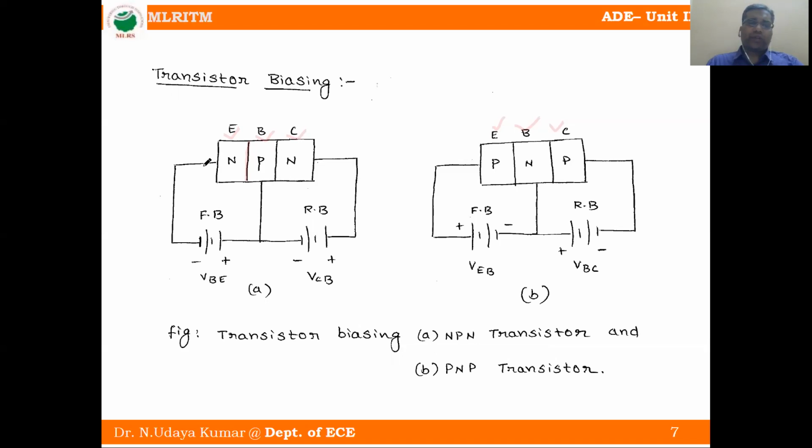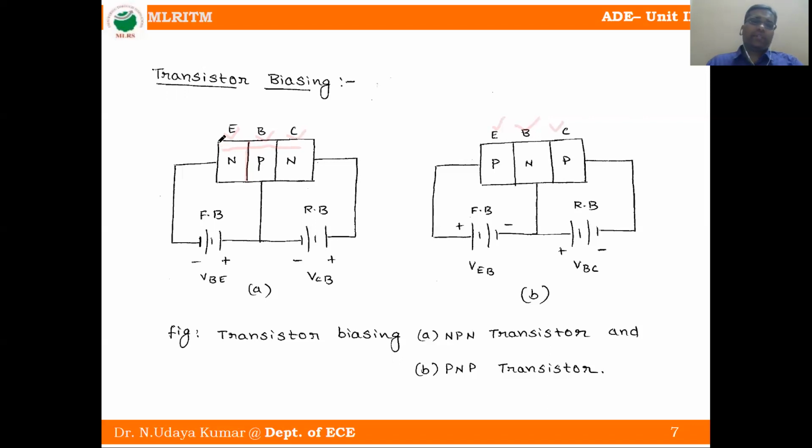So negative repels, so these electrons move towards and cross this first junction. Then in p-type, holes are the majority charge carriers. So some electrons recombine with holes and the remaining electrons move towards the collector. Collector means it collects.